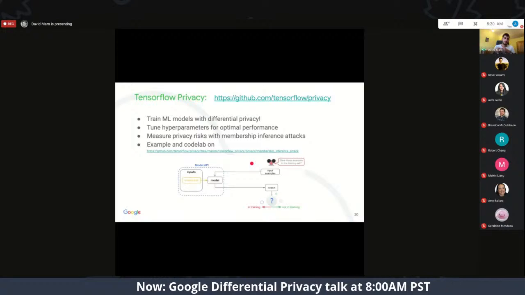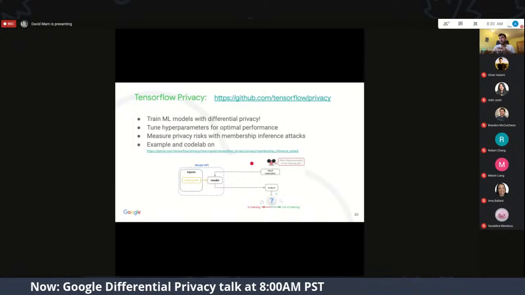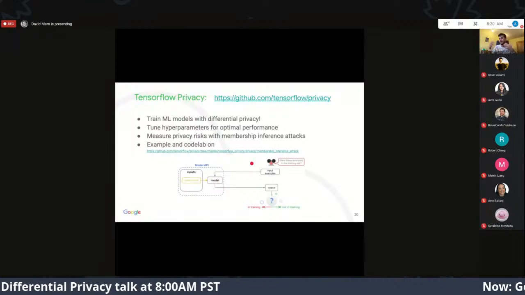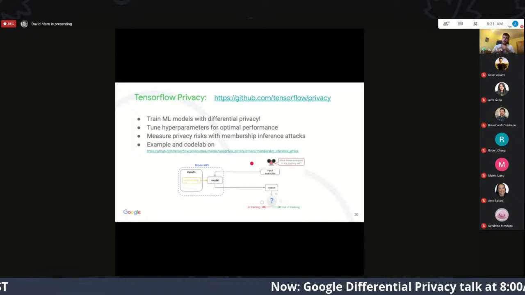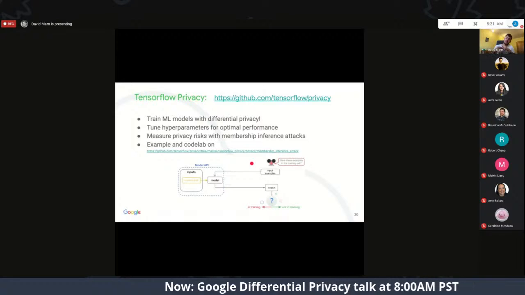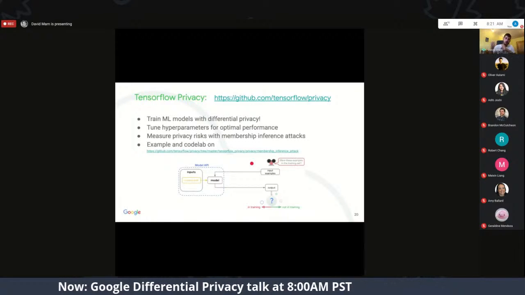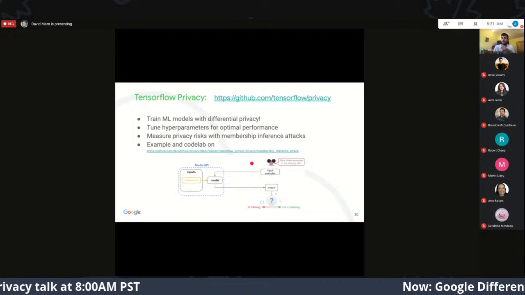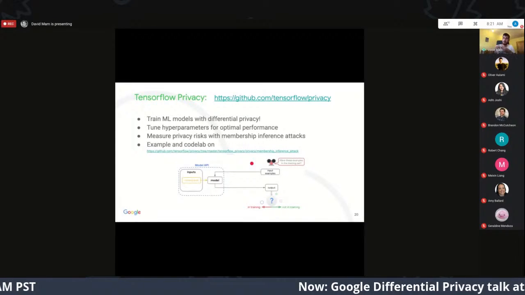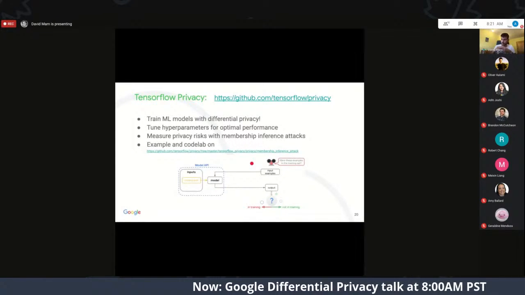And as any ML practitioner knows, it's already difficult to balance the hyperparameters so that you get useful performance out of a model by itself. And now that you add these new hyperparameters for privacy, this gets even harder. But after some time, you can tune them for optimal performance.